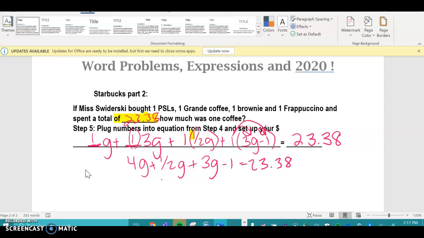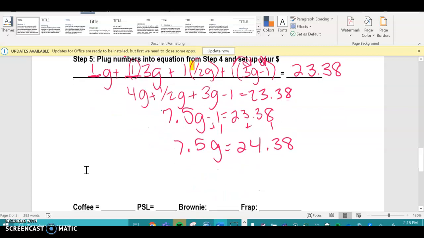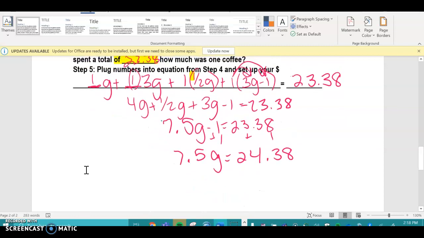So now I get 3 plus 4 is 7.5 or 7.5 G minus 1 equals 23.38. Let's add 1 to both sides. So now I get 7.5 G is equal to $24.38.